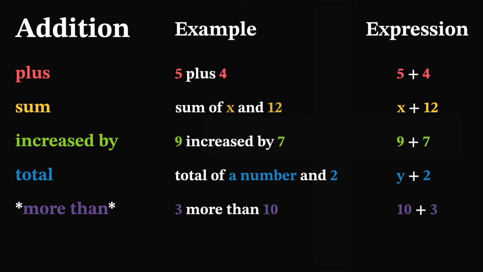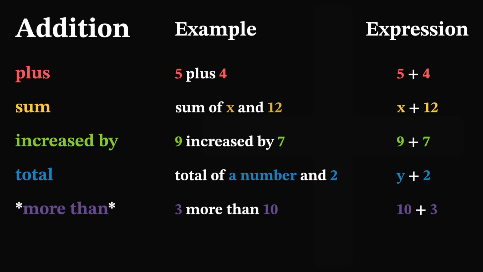Now, in this example, we have the phrase more than. Now, this is a special case that we want to pay attention to the order of the addends. An example would be 3 more than 10. 3 more than 10 means that we start with 10, and we're adding 3 more to it. And that would give us 10 plus 3.